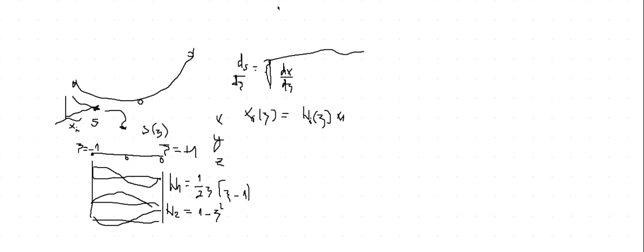What is dx/dxi squared? Well, first of all, if I want to compute dx/dxi, that becomes simply the derivative of the shape function. This was a, and this was a, and this was sum of a from 1 to 3.